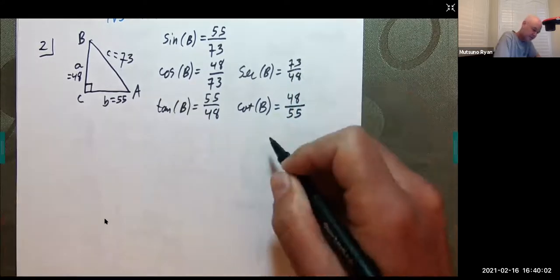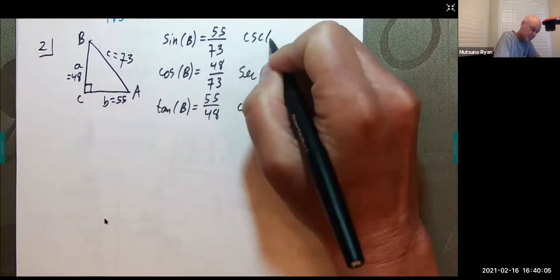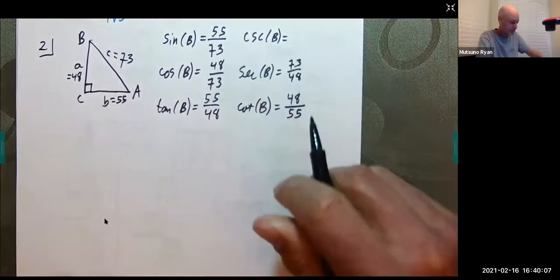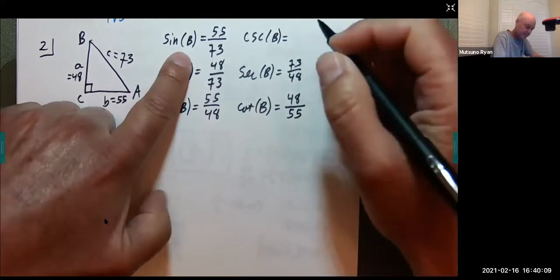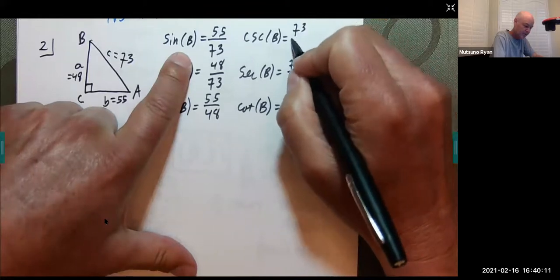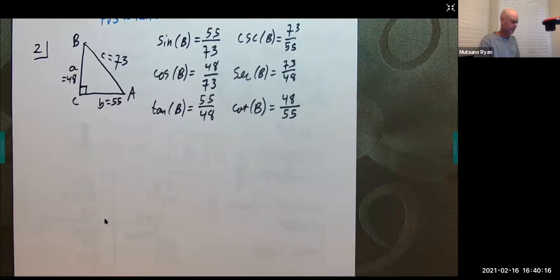And the cosecant of angle B is going to be the reciprocal of sine, 73 over 55.